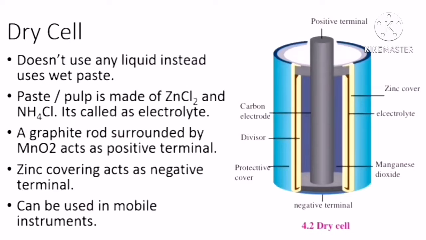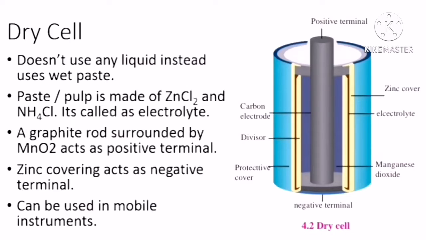Students, in this picture we can see that there is a zinc cover. This zinc cover acts as a negative terminal, whereas the graphite rod is the positive terminal. So we have two terminals, positive and negative.